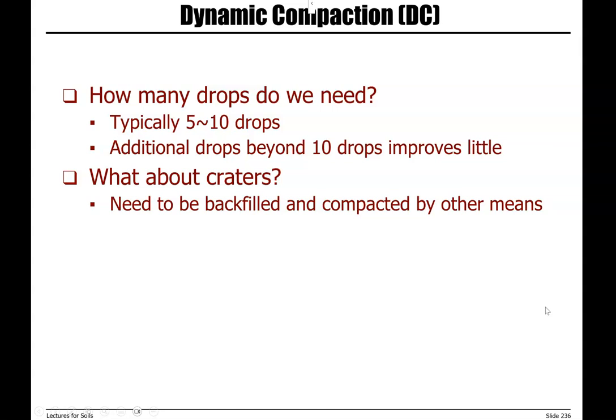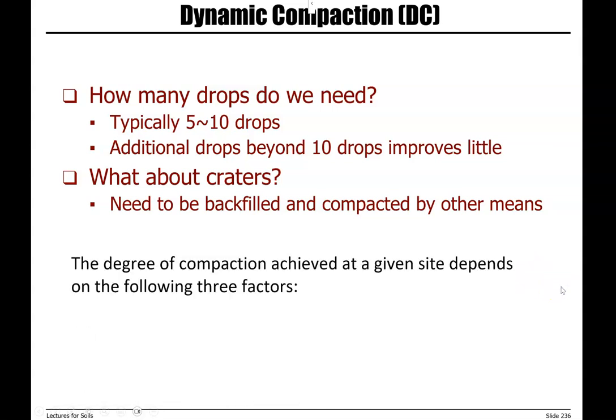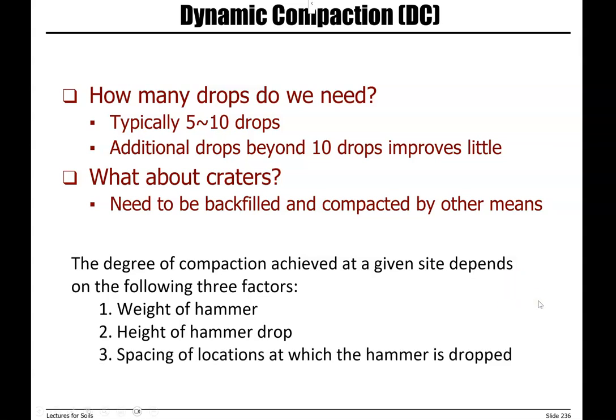It needs to be backfilled and compacted. Again, the degree of compaction achieved at a given site depends on the weight of the hammer, how heavy the weight is, the drop height, and the spacing at which the weight is dropped.